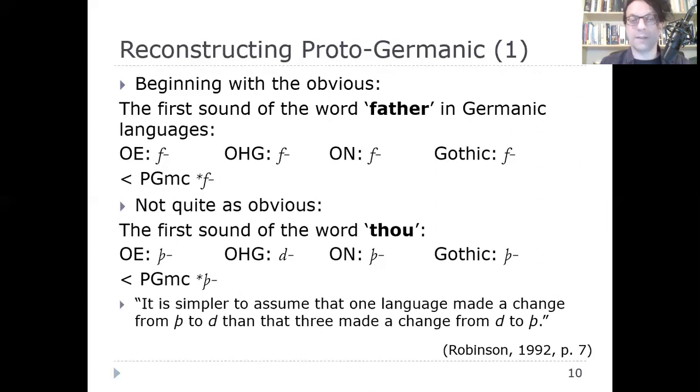The second reason, however, and this reason is not really mentioned by Robinson, the second reason that I would say is maybe just as important is that it is more likely for a TH sound, an interdental fricative sound, to disappear over time and to change into something else than something else changing or being replaced by a TH sound over time.